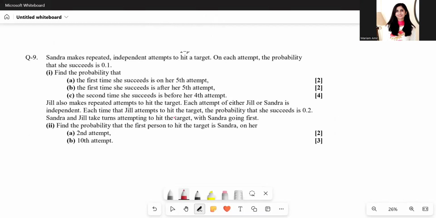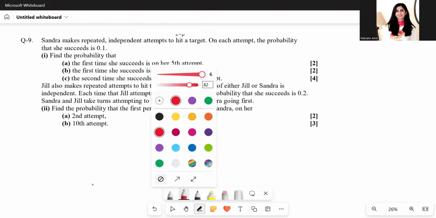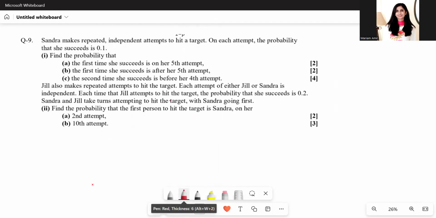Question number 9. Sandra makes repeated independent attempts to hit a target. On each attempt, the probability that she succeeds is 0.1. Find the probability that the first time she succeeds is on her fifth attempt, which means we'll have failures in the first four attempts, followed by a success.